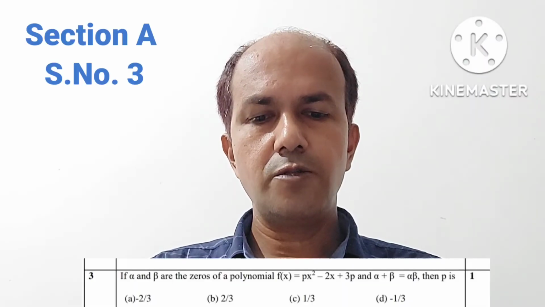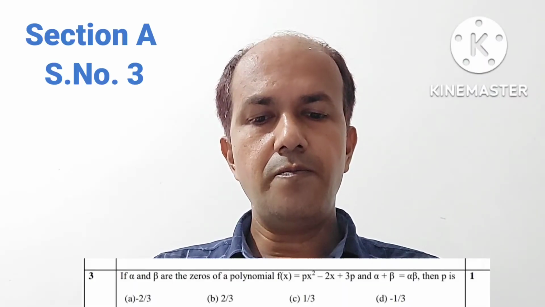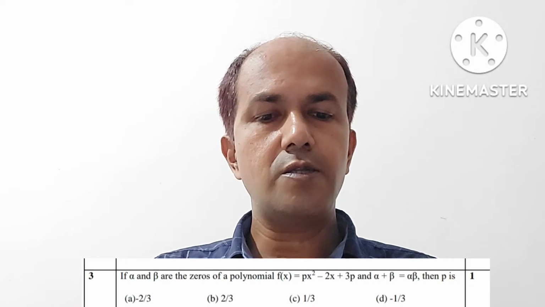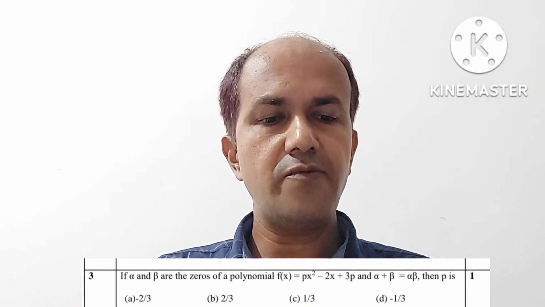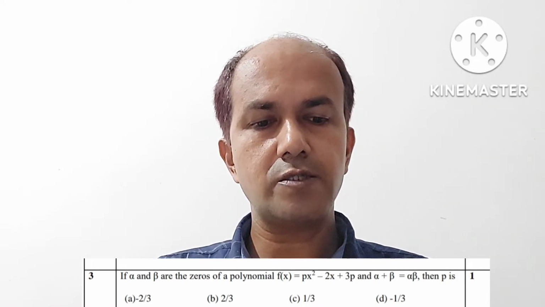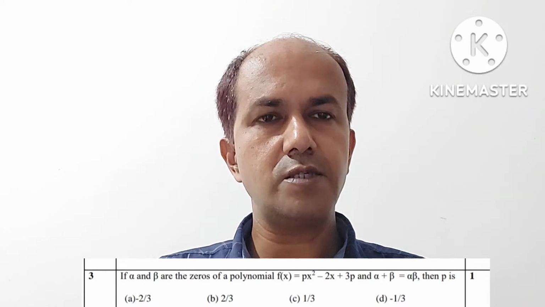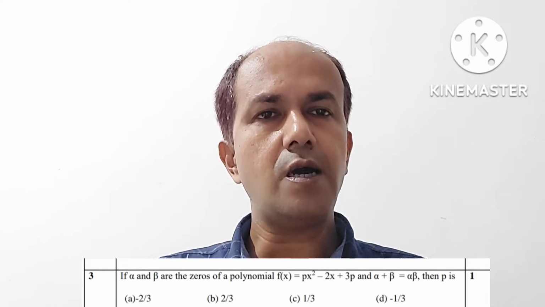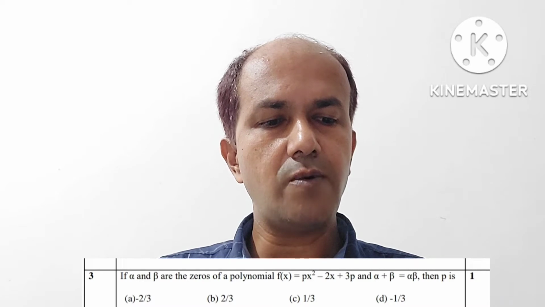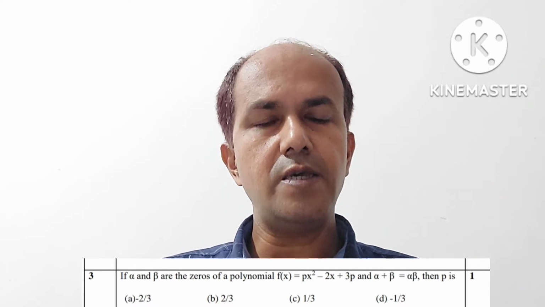Question number 3. If alpha and beta are the zeros of the polynomial f(x) equals p x squared minus 2x plus 3p and alpha plus beta equals alpha beta, then p is what?